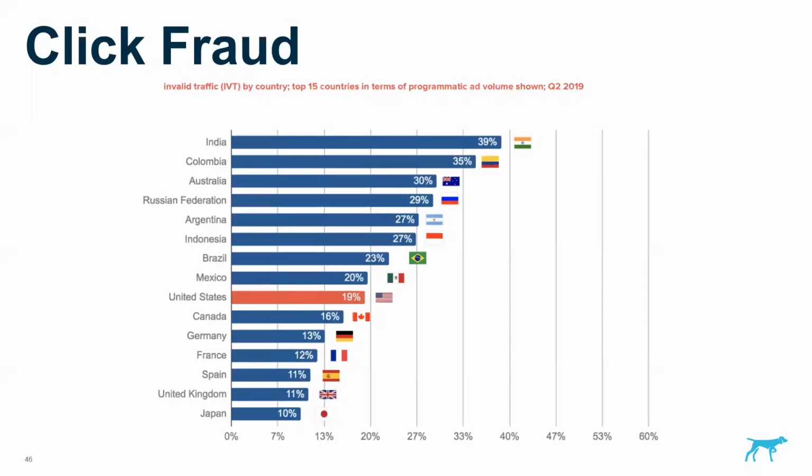There's a lot being done to combat this in terms of the publishers, because as soon as these stats start coming out, people start to pull away from display a bit. Google very regularly gives out refunds across the GDN network for when they detect invalid traffic.